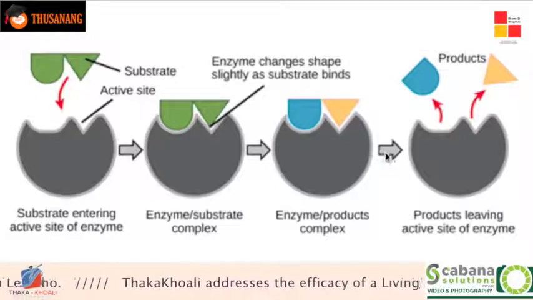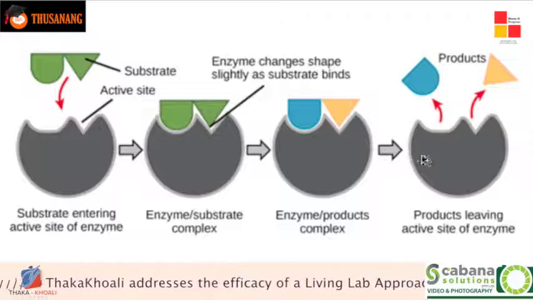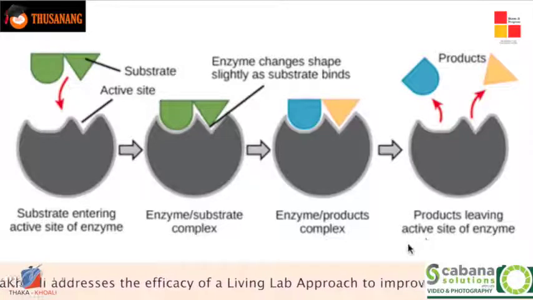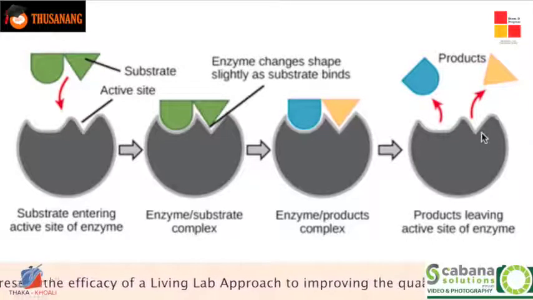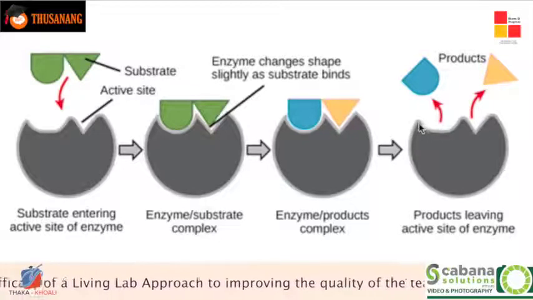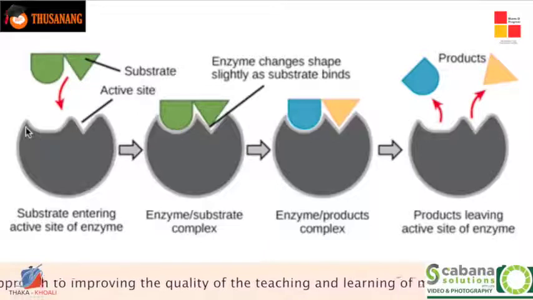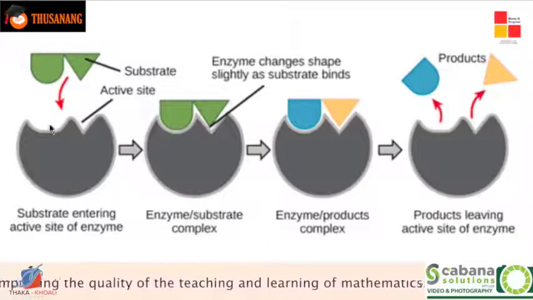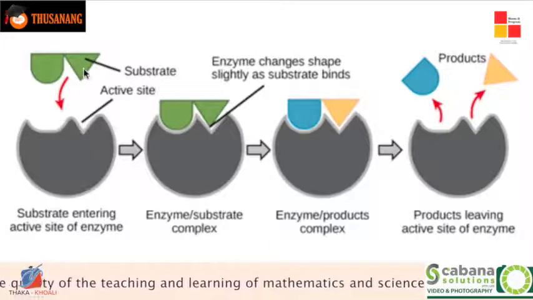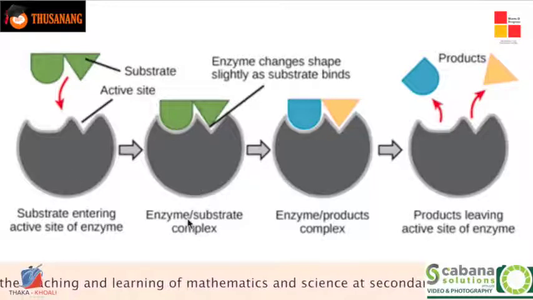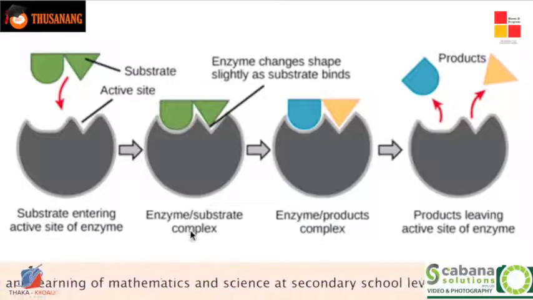And if you look again as the chemical reaction proceeds, you'll find the products leaving the active site of an enzyme. Now let's look at this. We said this is the active site of our enzyme. It is still looking perfectly as it was in the first stage before it bound to the substrate, creating an enzyme substrate complex.